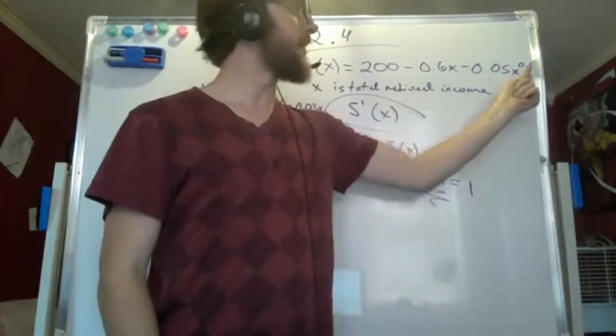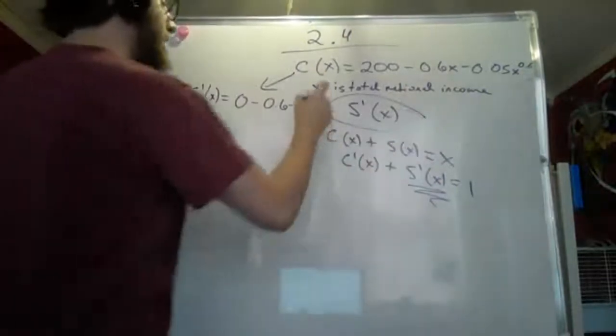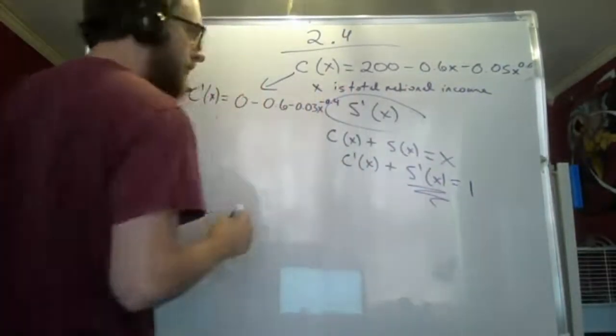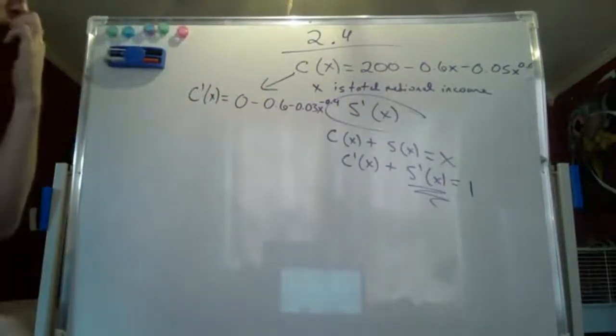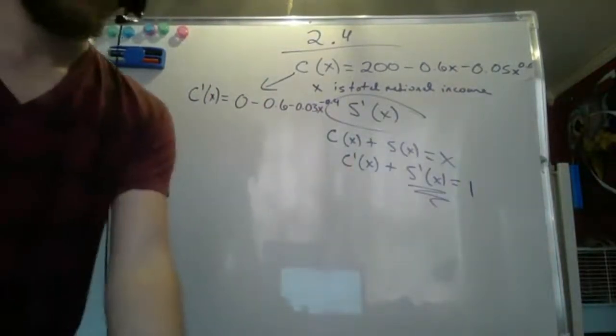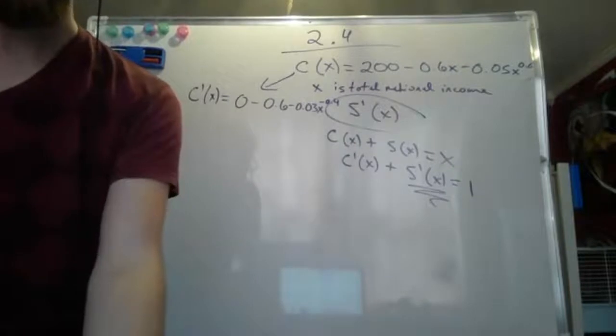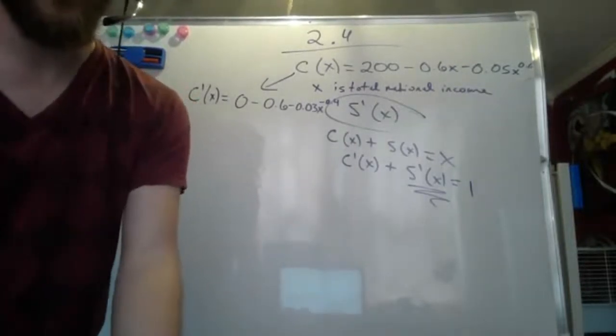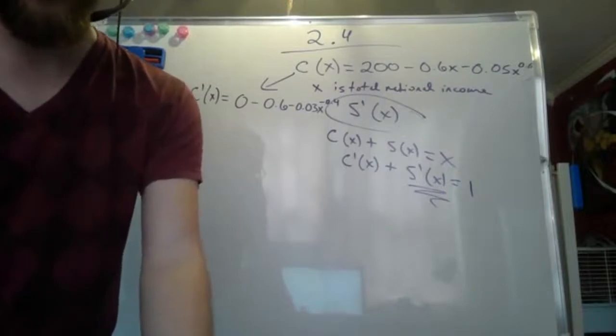So 0.6 minus 1, that's going to give us negative 0.4. So there's our marginal propensity for consumption. So we're halfway there now.